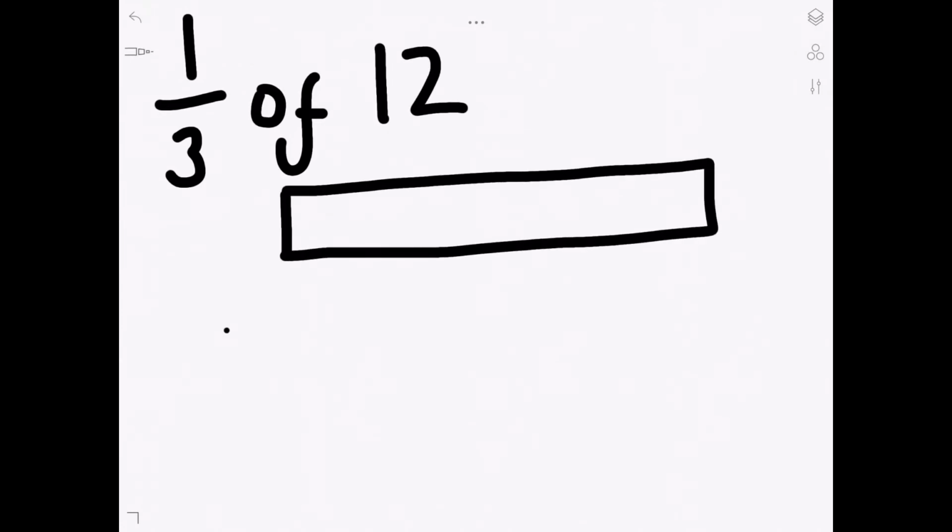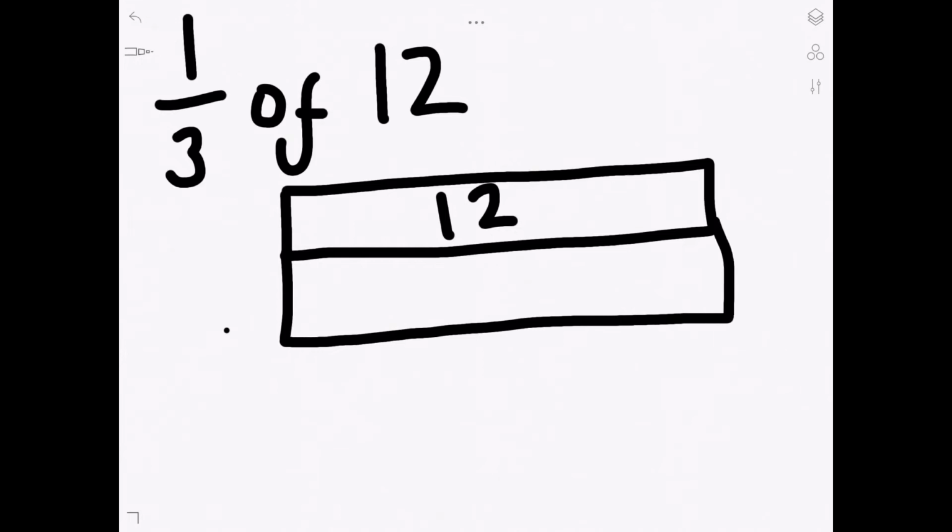What if we had to work out a third of 12? In the same way, we draw our rectangle. At the top, this is the whole, 12, and then we split the next part into 3 parts.